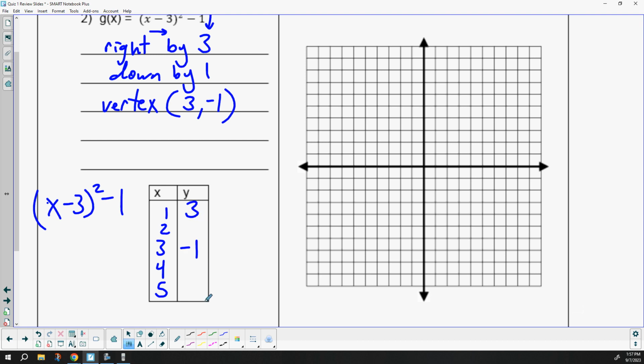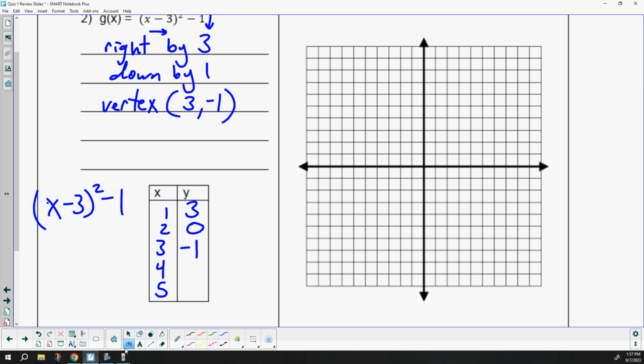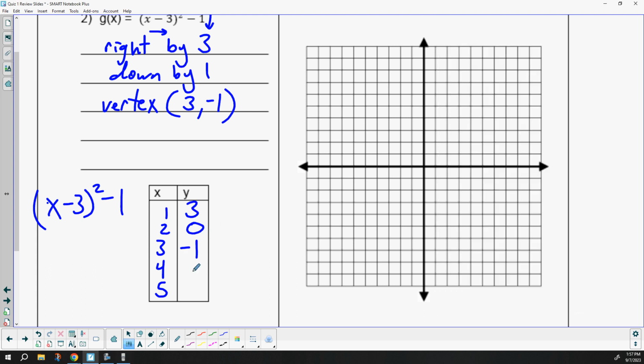Back to the Casio, change that 1 to a 2 because it's our next input. 0. And since this is symmetrical, I should get a 0 back when I change that 2 to a 4. And I do. I already know what 5 will be. It's going to be 3.